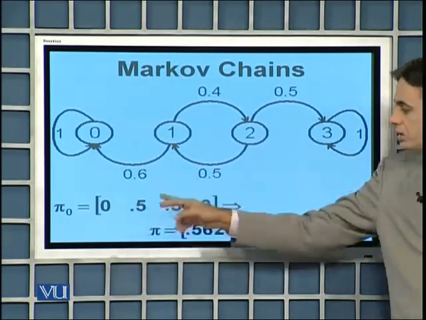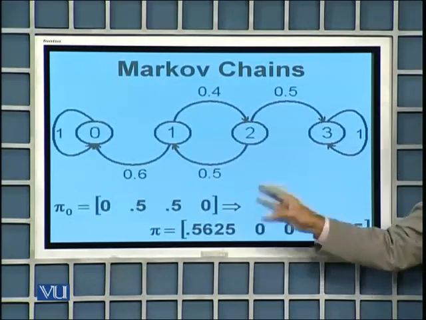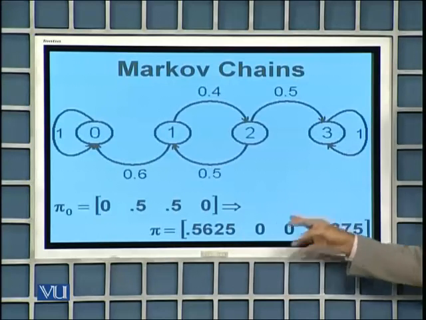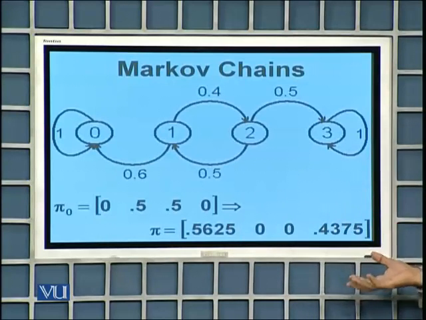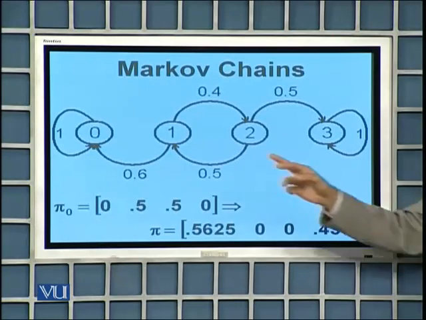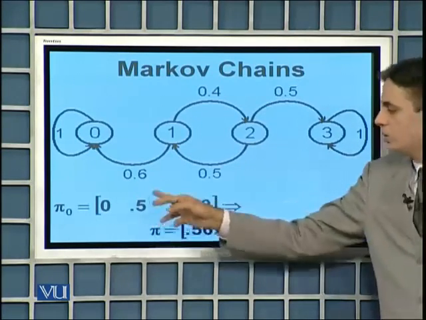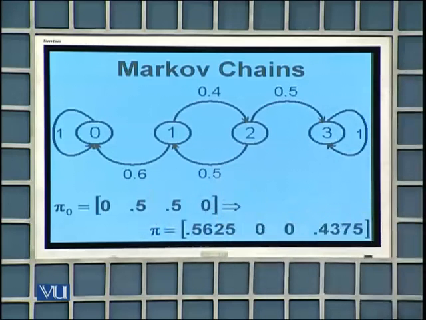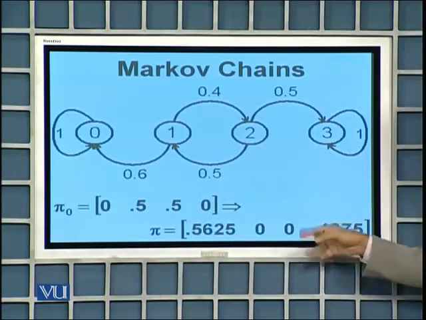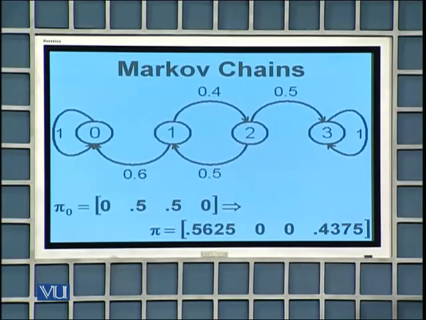Or 1, 0, 0, 0 also gave us a long-term distribution of 1, 0, 0, 0. That is expected because 1, 0, 0, 0 is an eigenvector. Similarly, 0, 0, 0, 1 also gave stationary distribution of 0, 0, 0, 1, which is also an eigenvector corresponding to eigenvalue of 1.